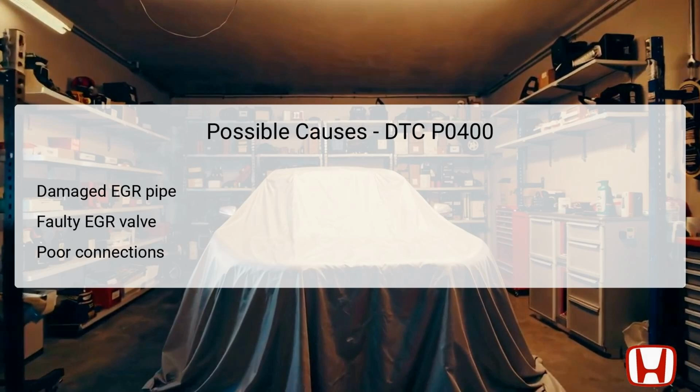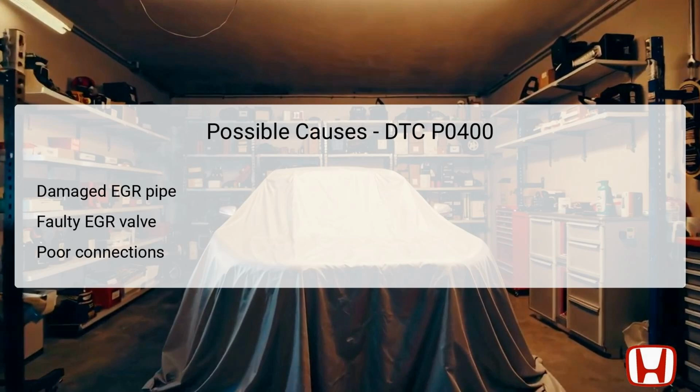Several causes could lead to the P0400 DTC being triggered. A damaged EGR pipe is often a primary suspect, as any cracks or loose fittings can result in gas leakage. Additionally, a faulty EGR valve that fails to open or close correctly can disrupt exhaust flow.